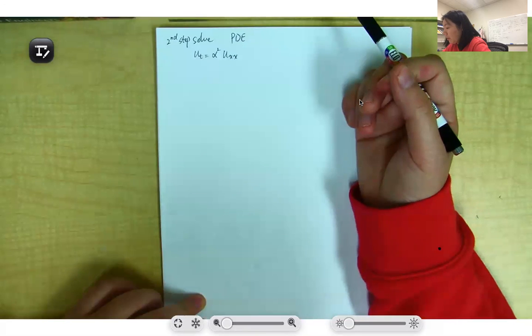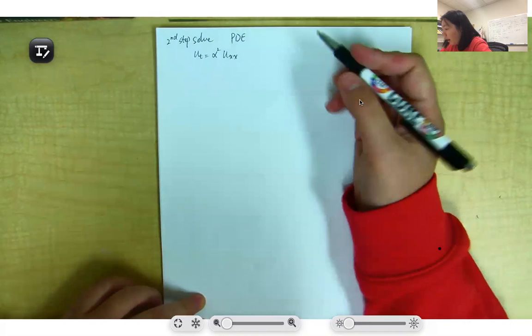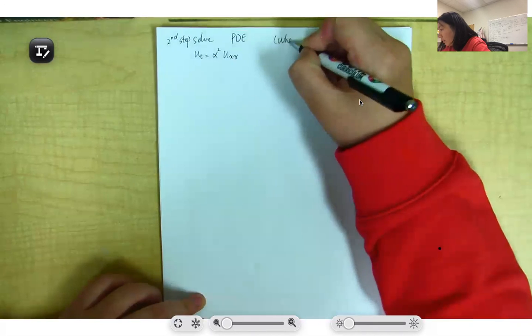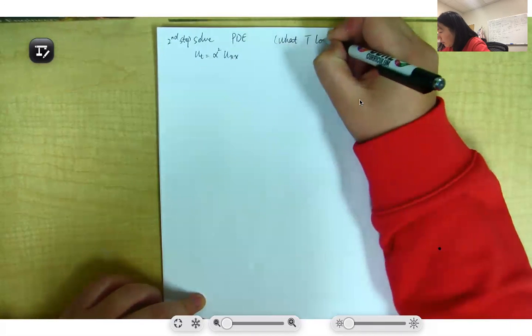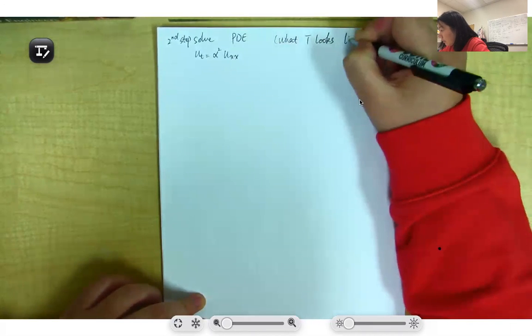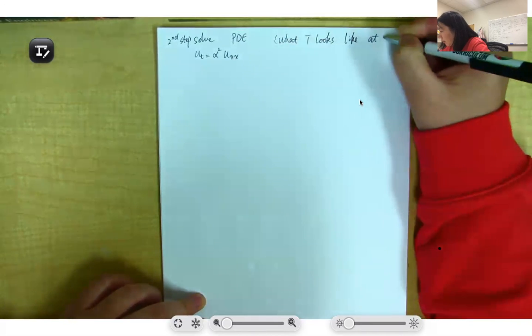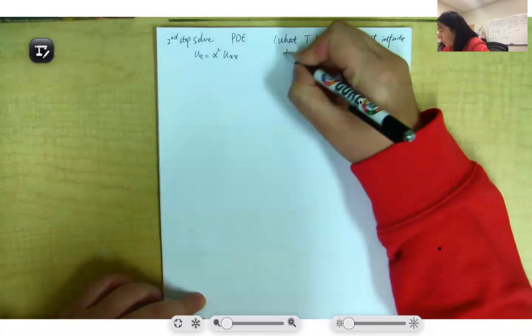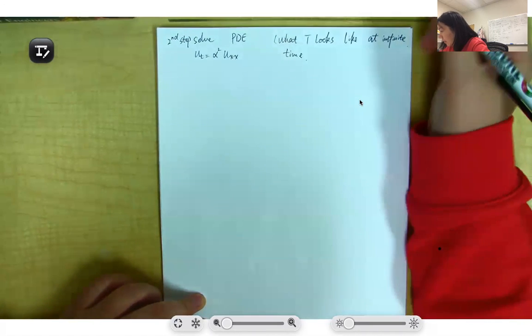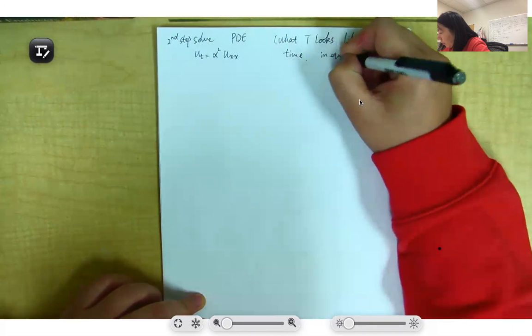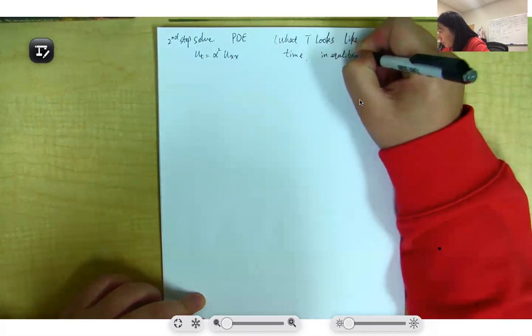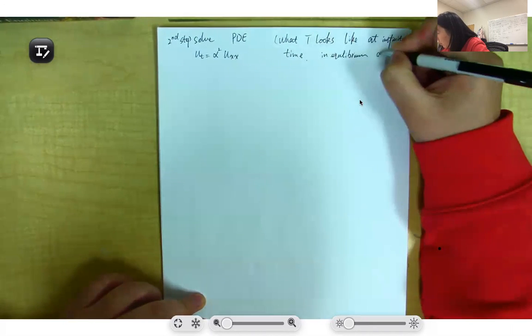And we can try to ask the question: what does the temperature look like at infinite time? Basically, in equilibrium distribution.